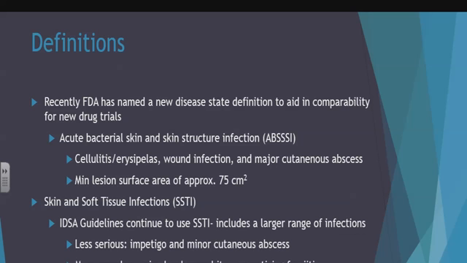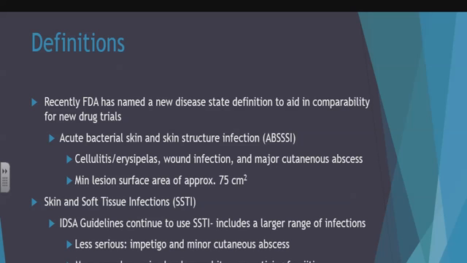And so for this definition, for antibiotic approval purposes, the definition is cellulitis, erysipelas, or a wound infection, or a major cutaneous abscess. And the minimum lesion surface area had to be about 75 square centimeters. Okay, so this is a very, very specific definition. And it eliminates a couple other regular conditions that we do see, as far as being included in these clinical trials.